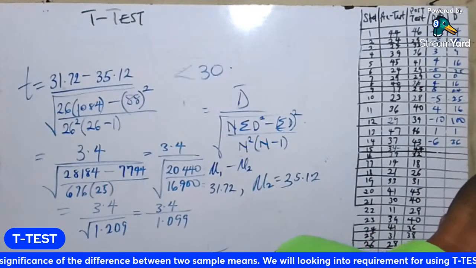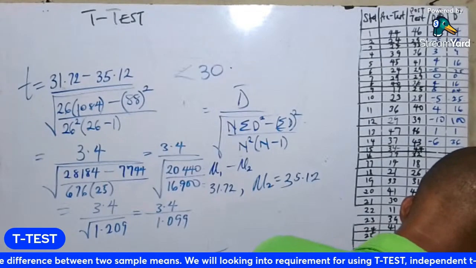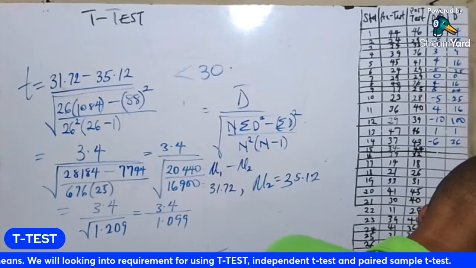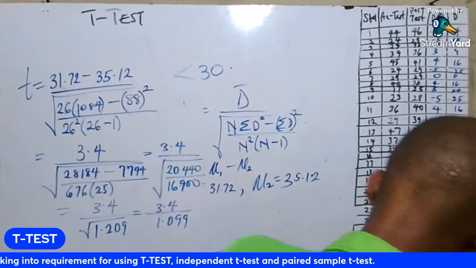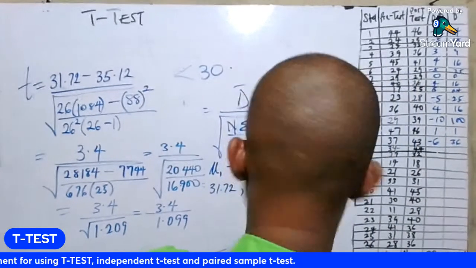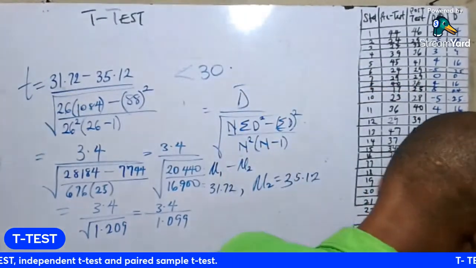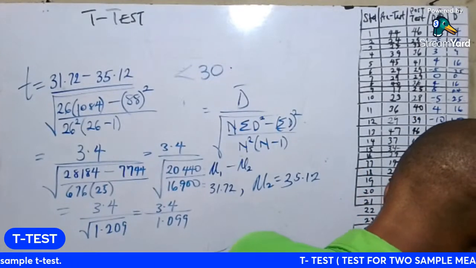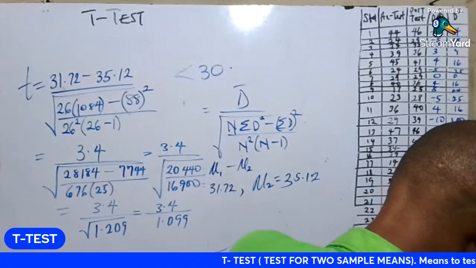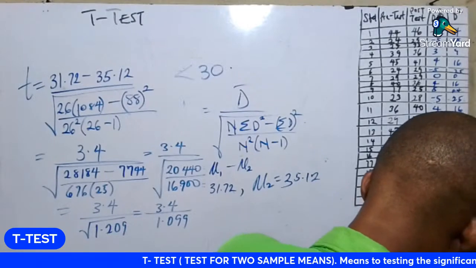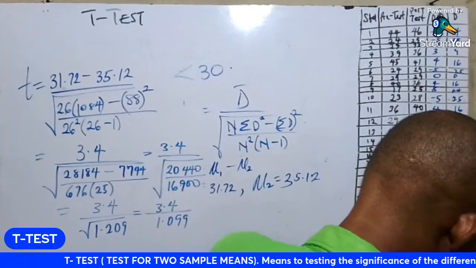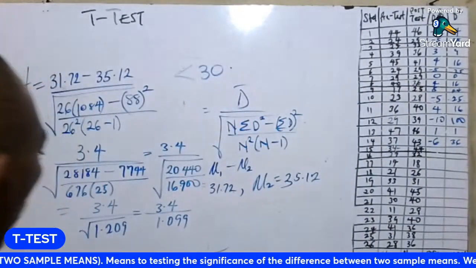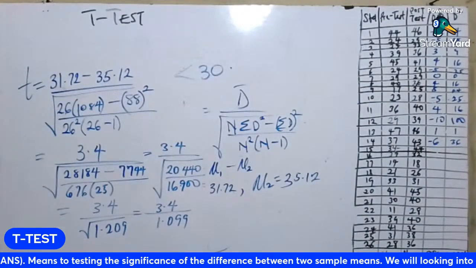So let's check that again: 20,440 divided by 16,900. Yes, that will give me 1.21.